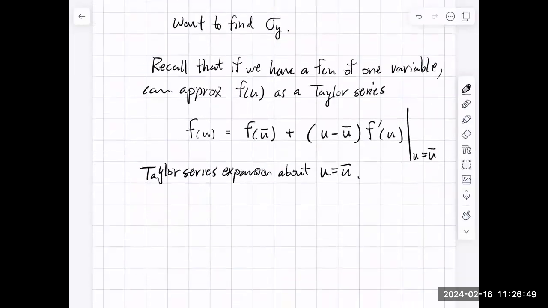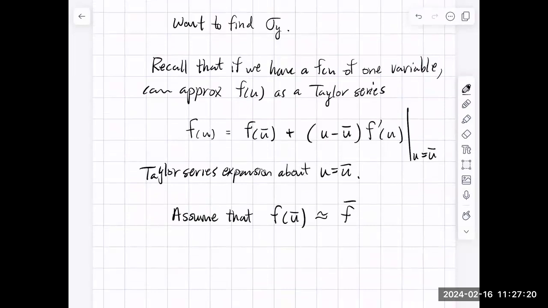So what we're going to try to do is manipulate this in such a way that we can estimate the standard deviation of y equal to f of u. Okay, so the first step is we're going to assume that f evaluated at u bar is approximately equal to f average.